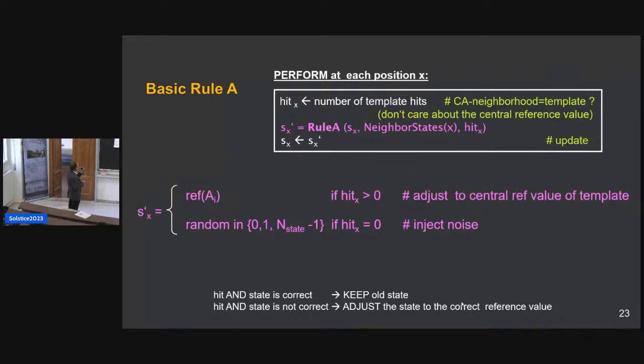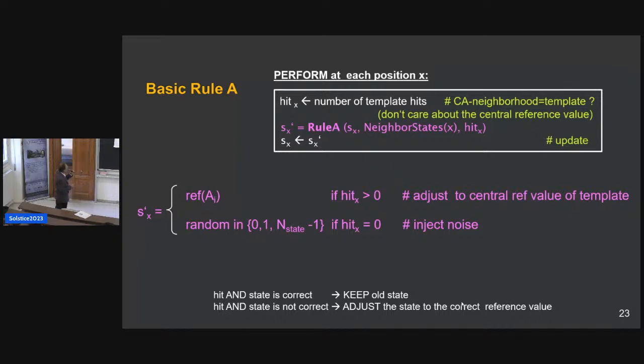Then we have a simple rule. If we have no hit, no template match, we inject noise. Very simple. If we have no matching pattern, we inject noise in order to drive the evolution to a valid pattern.